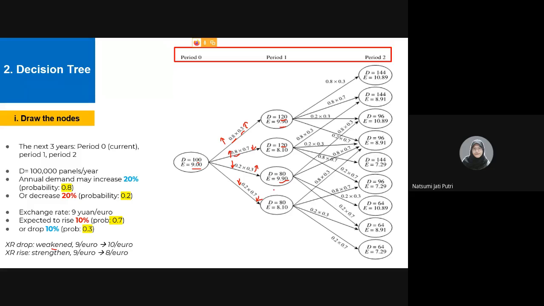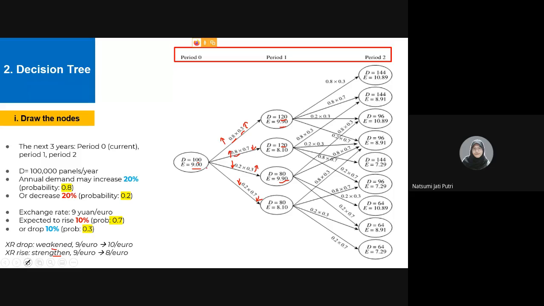Also the same here. And then for here the exchange rate is 8.1. We got this from the yuan is expected to rise or strengthen. By strengthen, it means that the exchange rate will decrease. Like here, 9 per euro will become 8 per euro.